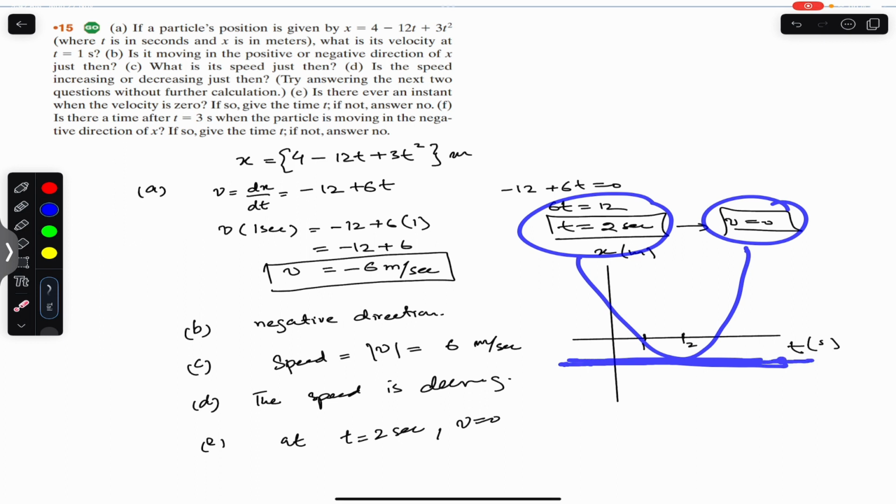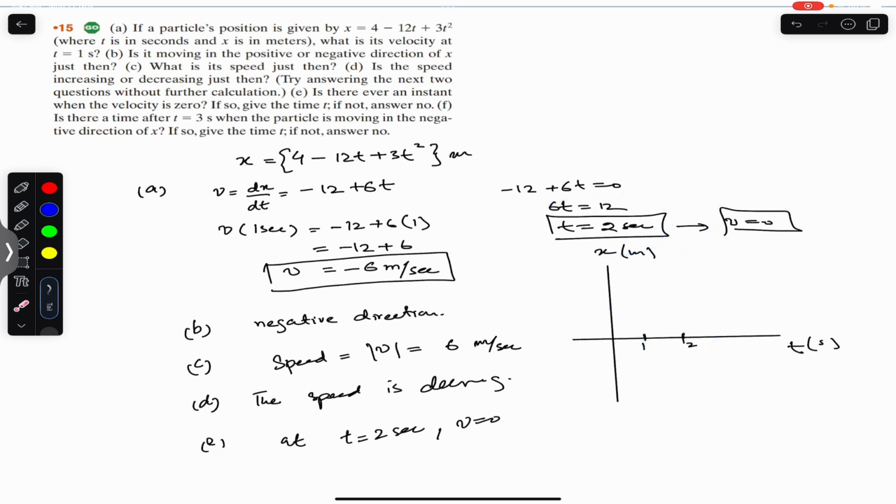So now from this we can answer: is there a time after t equals 3 seconds when the particle is moving in the negative direction? So no. Until t equals 2 seconds, the particle is moving in the negative direction, that is towards the left, and after that it is going in the positive direction, since the x of t function is like this.